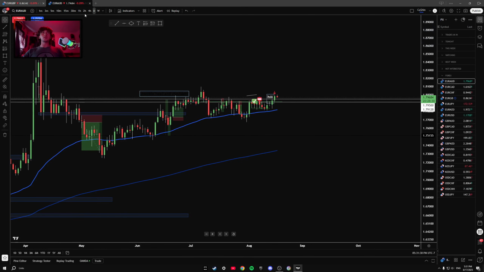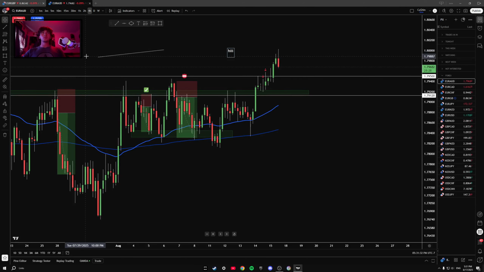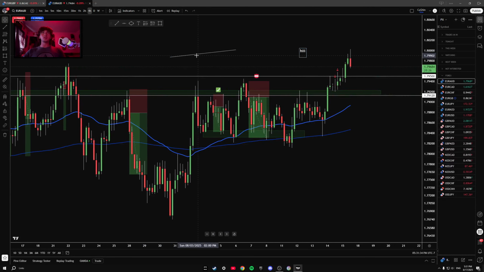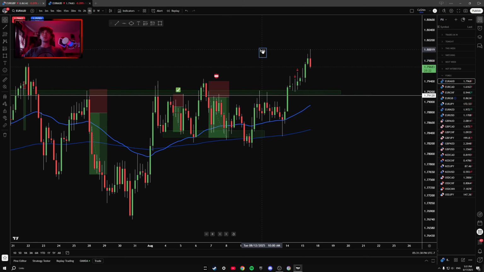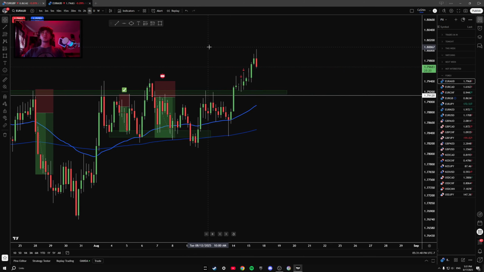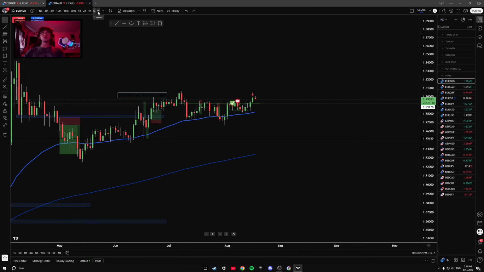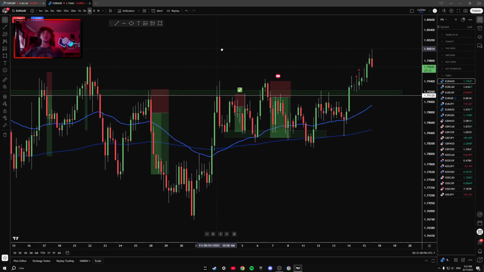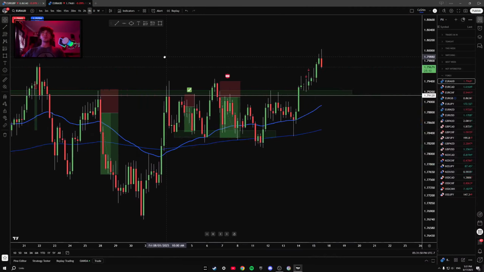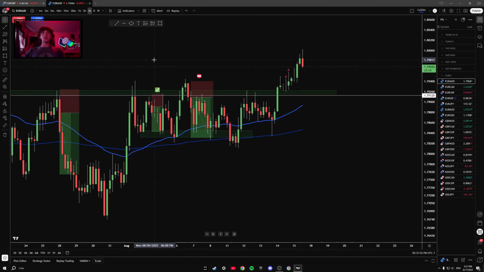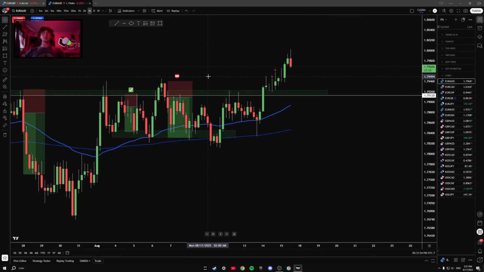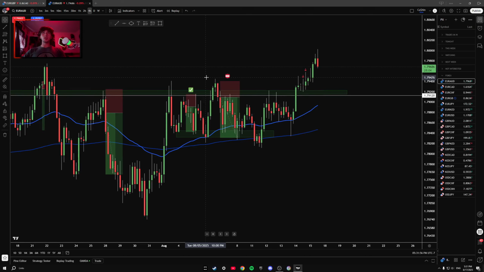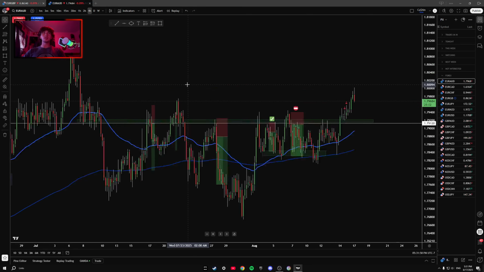Euro AUD. Broke past here. Let's remove these. Okay, so there is a possible break and retest, so we broke it, and now we can anticipate a retest.